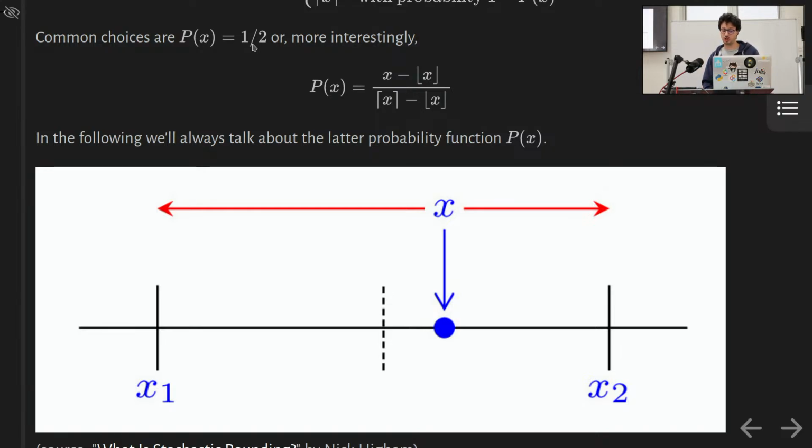But one more interesting choice is to round with a probability proportional to the distance to the nearest numbers in F. So sometimes you round up, sometimes you round down, but in this case you round more likely up because your true result x is closer to x2, which is the upper bound in this interval.